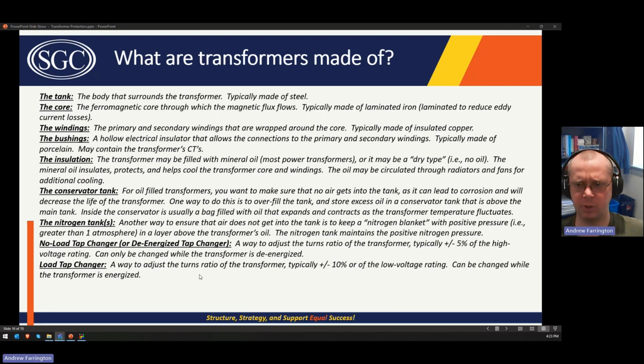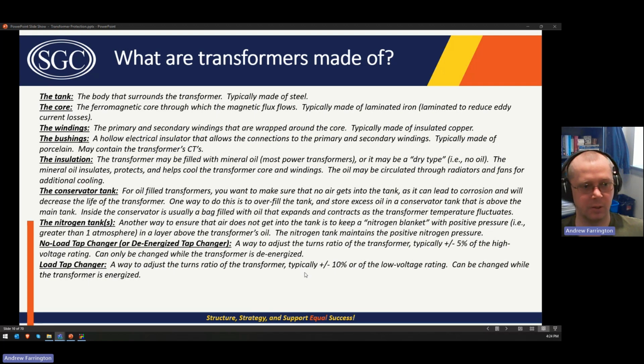And usually that will allow you to adjust the turns ratio of the transformer, typically plus or minus 10% of the low voltage rating. And this can be changed while the transformer is energized. And most often it's an automatic change.